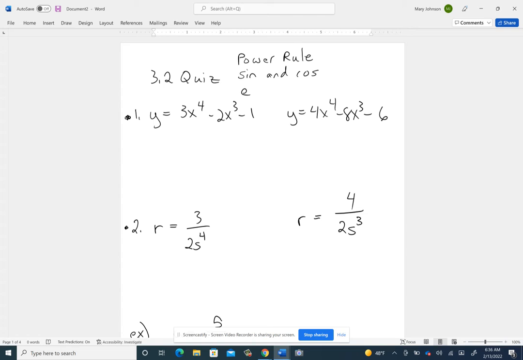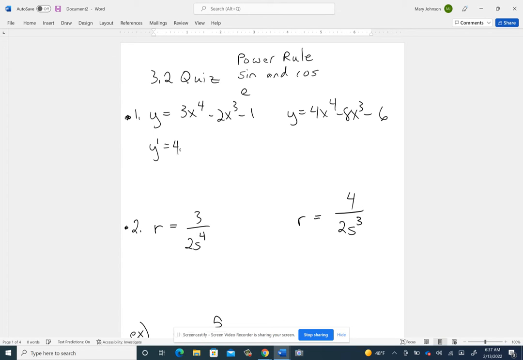So the big idea in 3.2 for algebraic functions was that if you can write something as a power function, then you can use that power rule. When you have something like a polynomial, which is the sum or difference of power functions, when you're asked to do the derivative, you just find the derivative of each term, and each term is a power function.